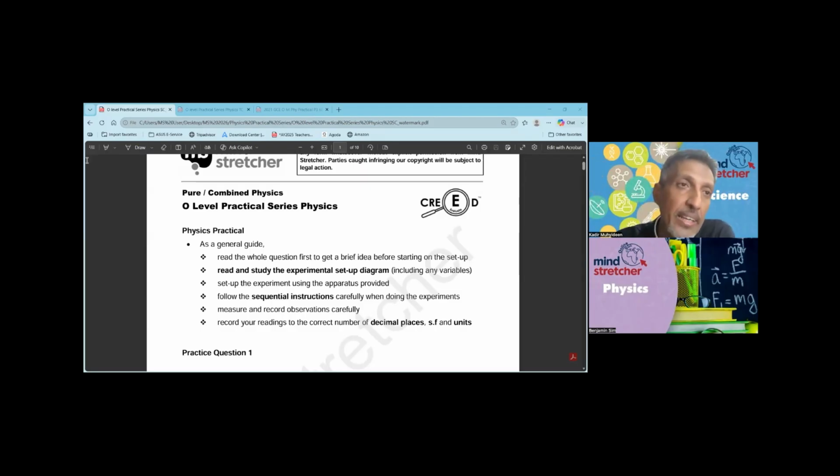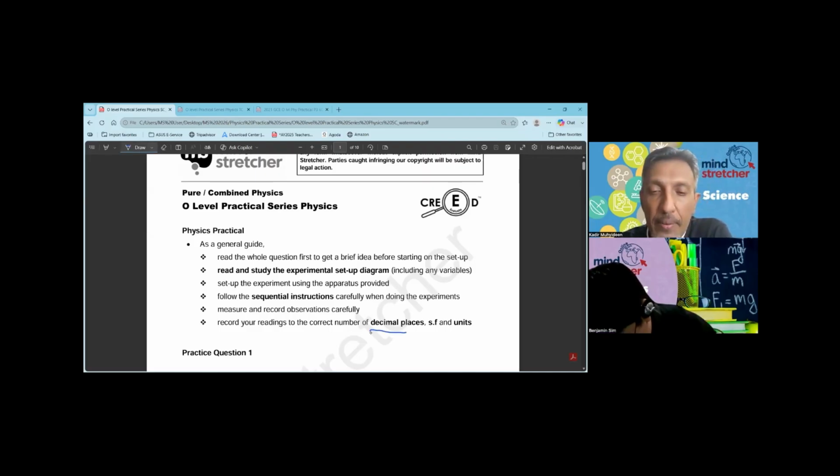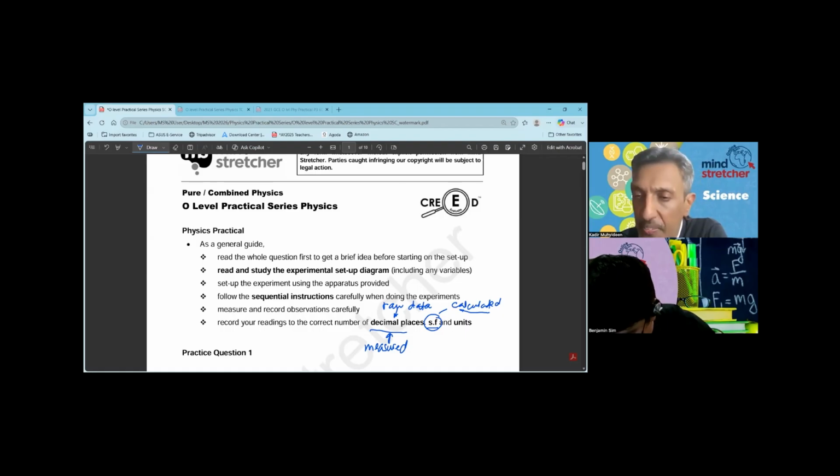Now you notice here I put decimal place and SF. Decimal place is for the raw data, the measured values, and SF is for any calculated values, anything that you use your calculator for.